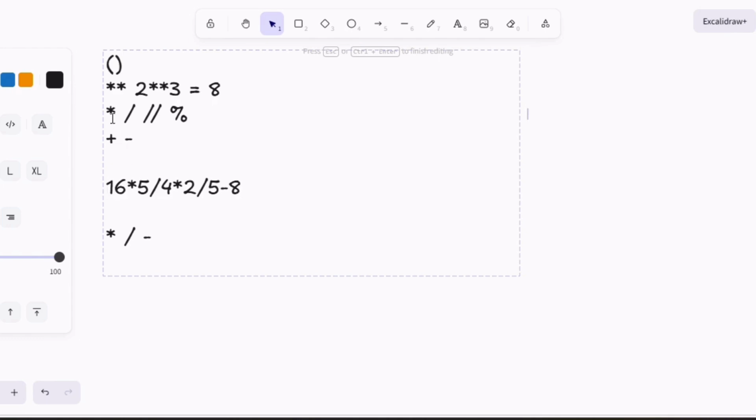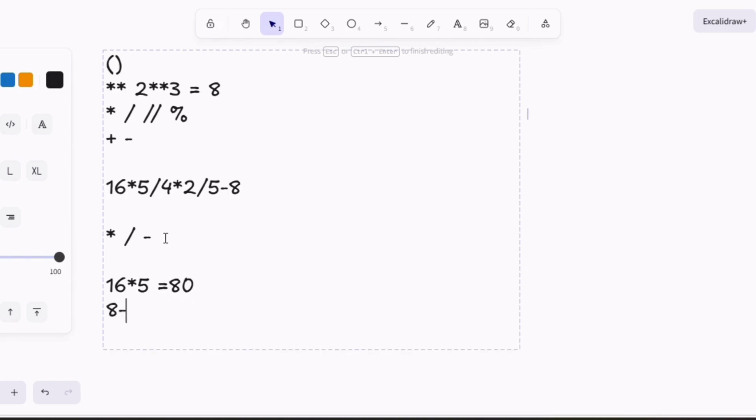Just look at the precedence over here. Minus has the lowest precedence, so we can leave this part right here, and we see multiplication and division, right? So we will solve multiplication and division, but because these have the same precedence order, we will solve them left to right. So when we solve left to right, first we will do 16 into 5, which will lead to 80.